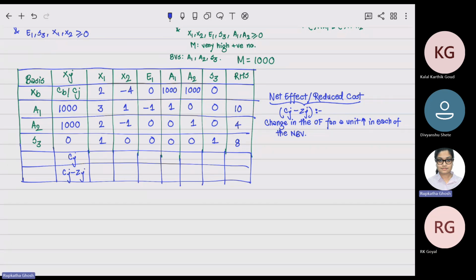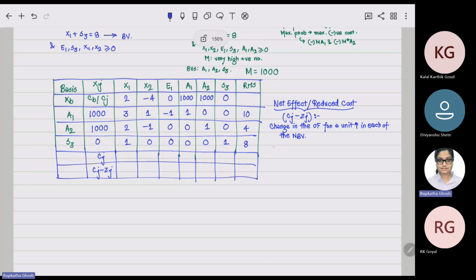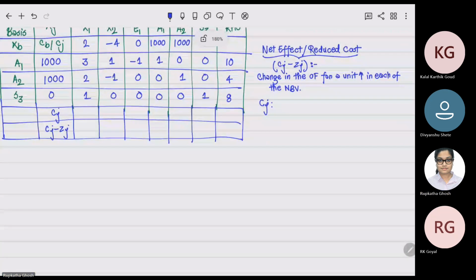Right. So now these net effects consist of two effects. One is Cj, which we also call the direct effect. And another one is Zj, which we also call the indirect effect. Okay. Now, what is Cj, and how do you calculate Cj?